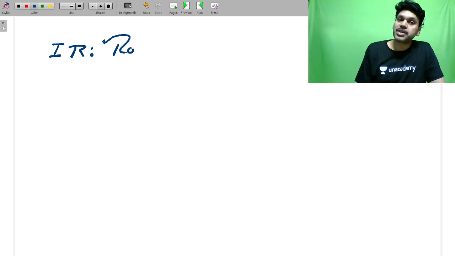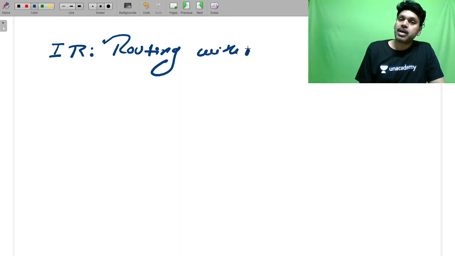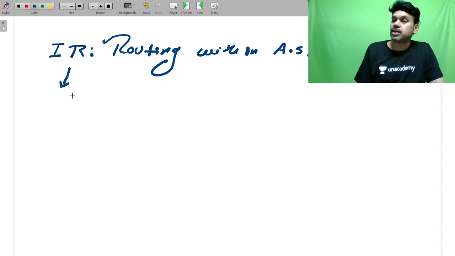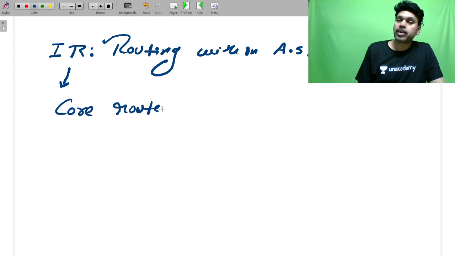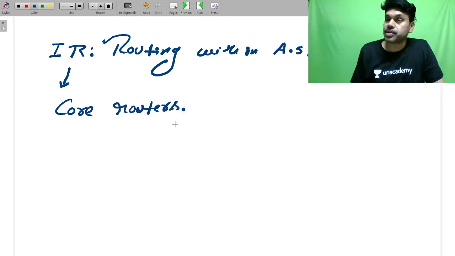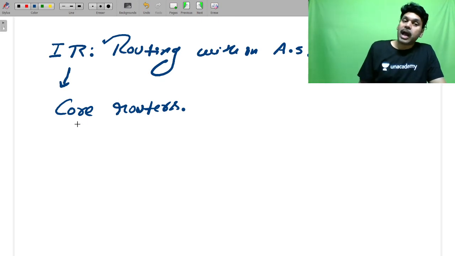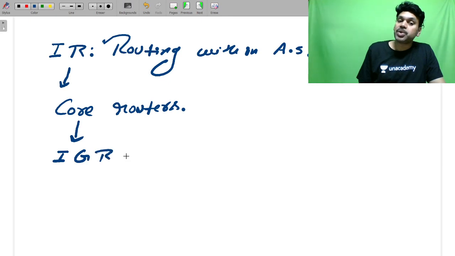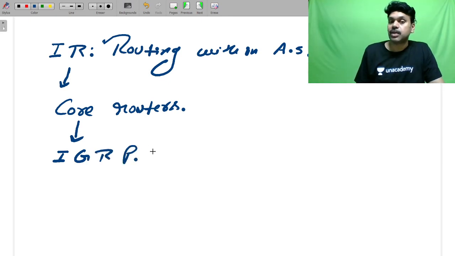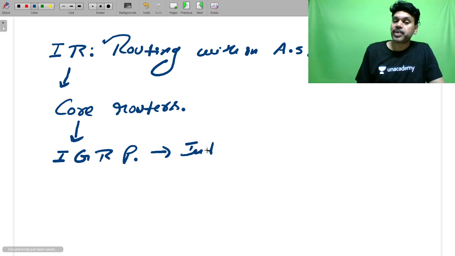Routing within an autonomous system. To use interior routing, you are supposed to use core routers, and the core routers are going to use interior gateway routing protocols. Let me write it completely: interior gateway routing protocols.